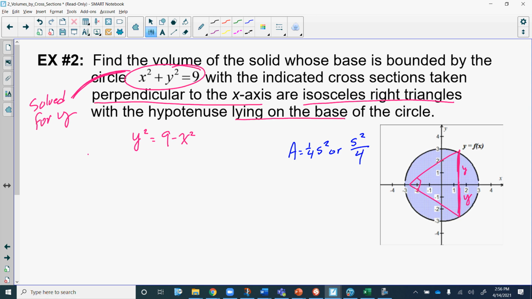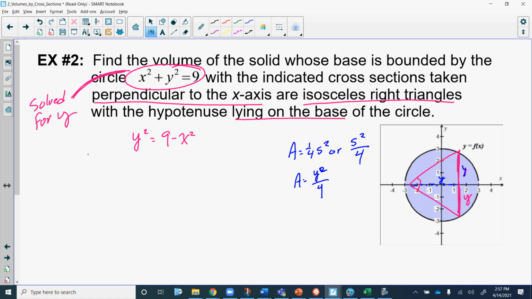The side that we're going to be talking about, this would be y, and this would be y. Those would be the base and the height of the triangle that we're finding the area of. So the side in this case is just y, and I have my area to be y squared over 4.